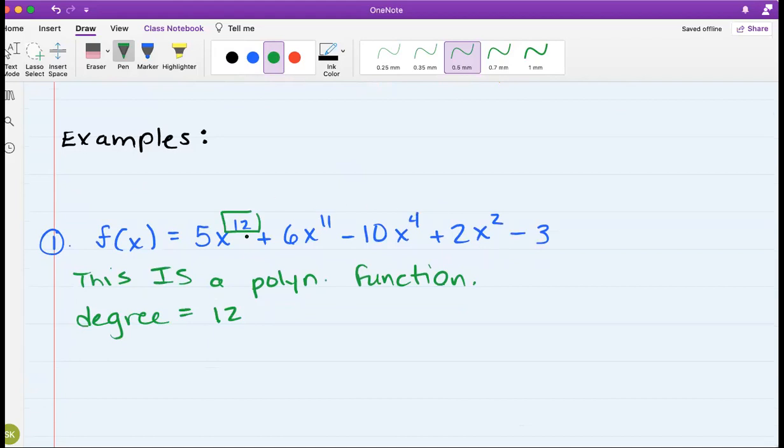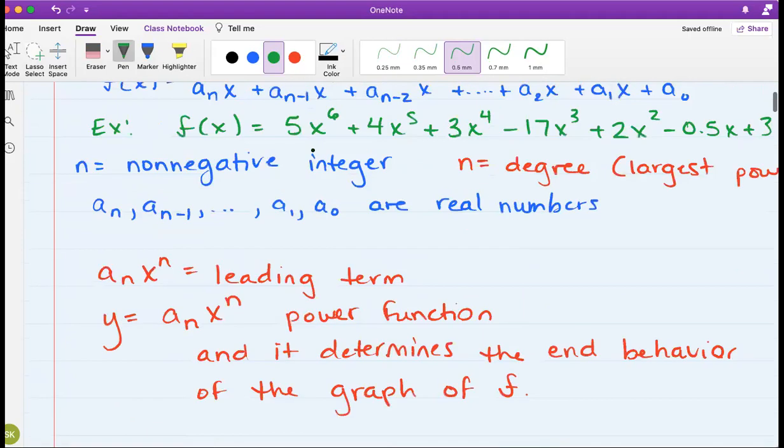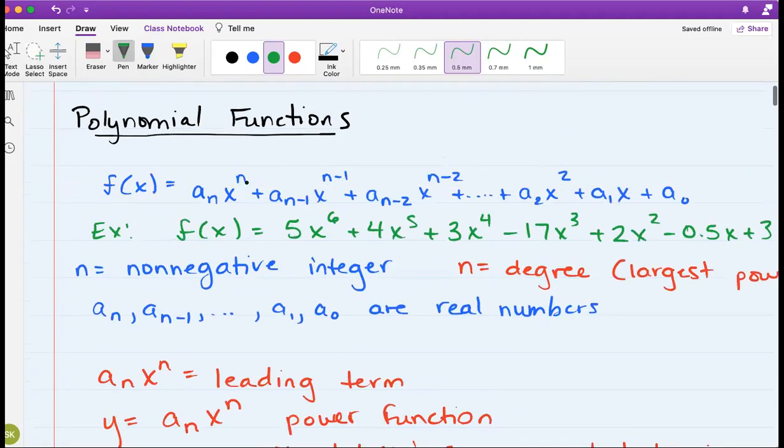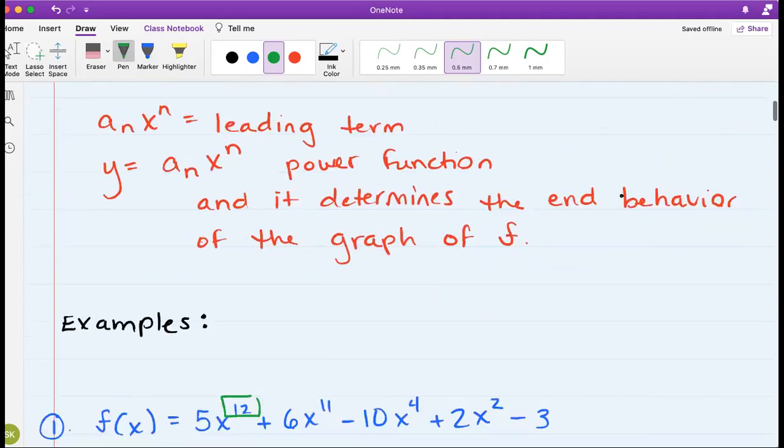Also, I mentioned that some of the coefficients can be 0. Notice that this is not written exactly in standard form, because each time I have an n, which is 12, I subtract 1. So I should have an 11, a 10, a 9, an 8, all the way to x to the power 1, and then the constant term.